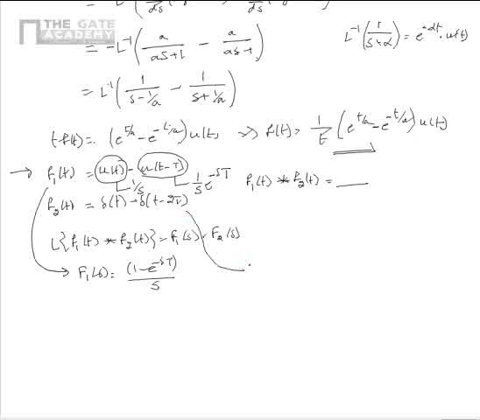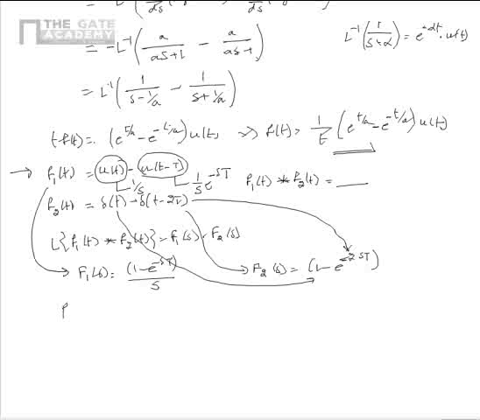Similarly we can write that F2(s) is equal to 1 minus e^(-2sT). This is because the Laplace transform of delta(t) is equal to 1, and the Laplace transform of delta(t minus 2T) is equal to e^(-2sT).